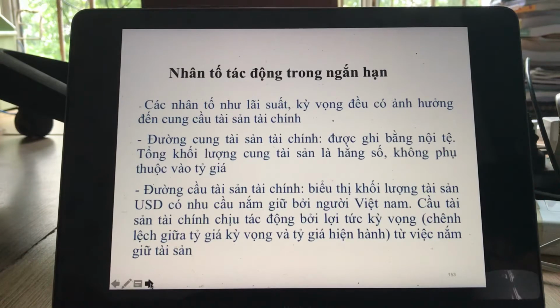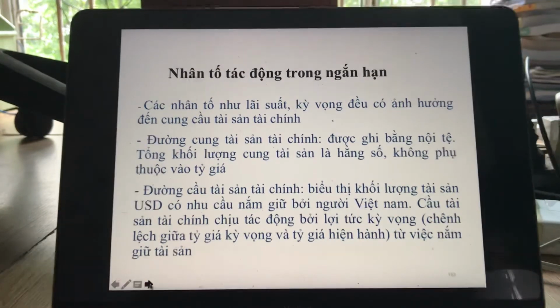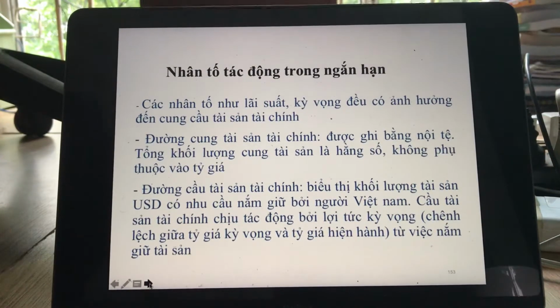The demand for financial assets captures the total financial assets denominated in USD that are demanded by the Vietnamese. And the demand for financial assets depends on the expected return.